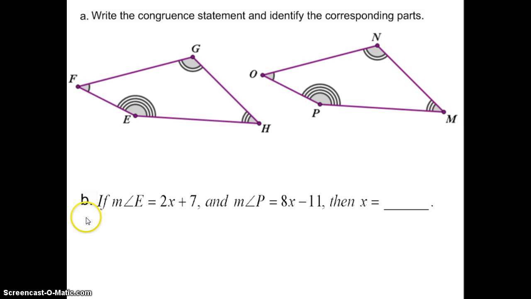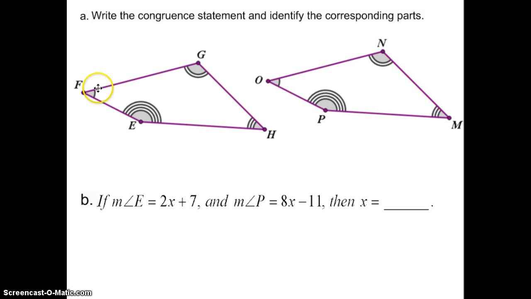Here in this figure, these arcs show that angle F is congruent to angle O. Angle G has two arcs, so it must be congruent to angle N because it has two arcs as well. Same for H and M, and P and E. So in this figure, we're denoting that these figures are congruent by their angles.